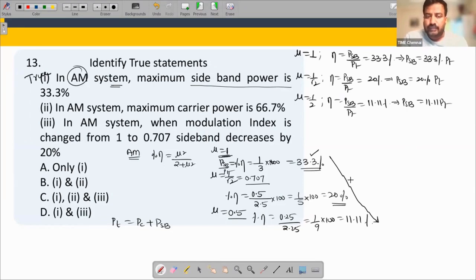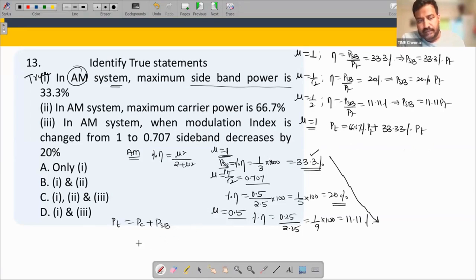Now, if you substitute for mu is equal to 1, total power is carrier power plus sideband power, which is 33.33% of your total power, or 0.33 of PT. Now, if you want to make 1 PT, this is 66.67% of total power.